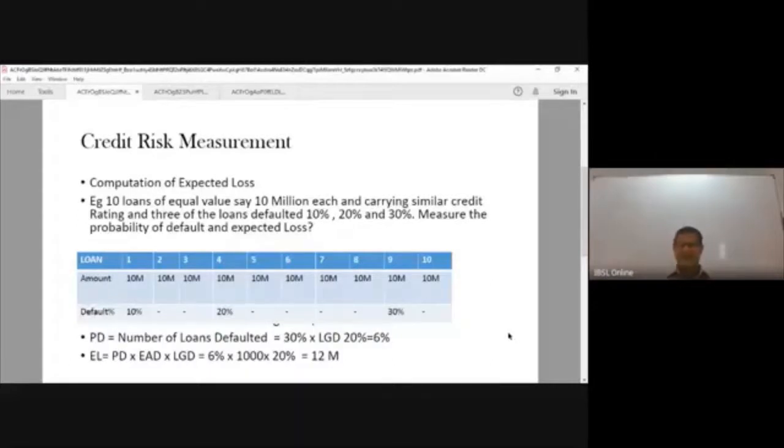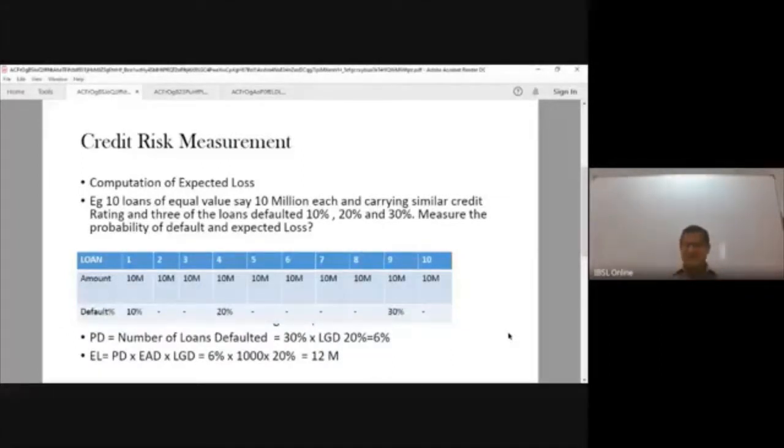So we can see probability is calculated, you take the average of this: 20%, 30%, and 10%, 20%, and 30%. The average is what we call loss given default.